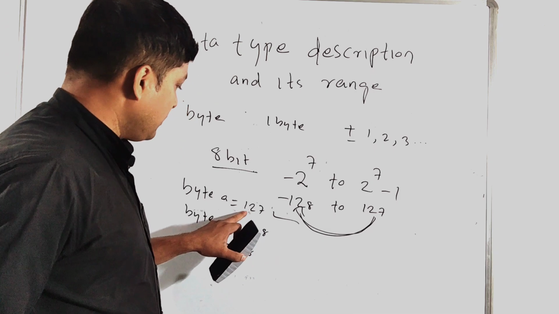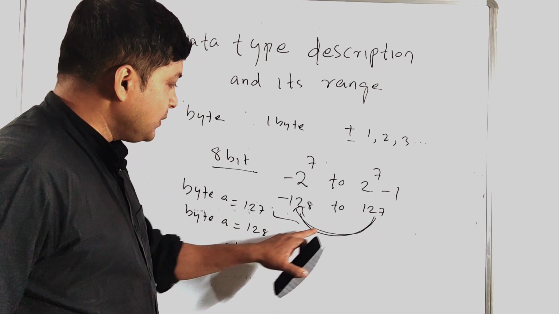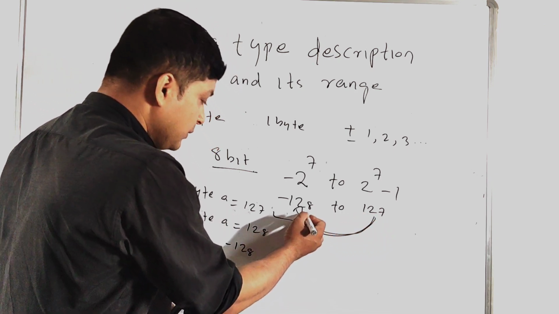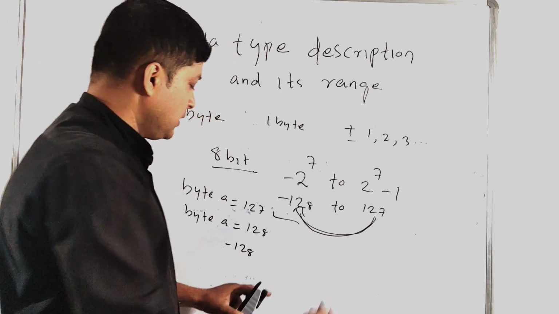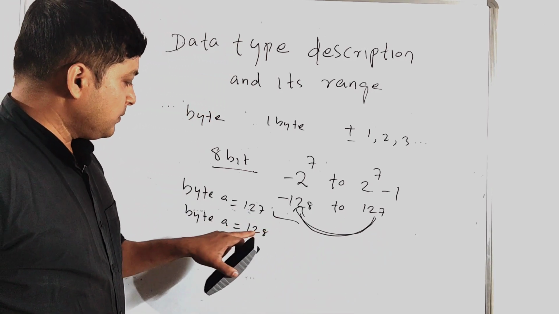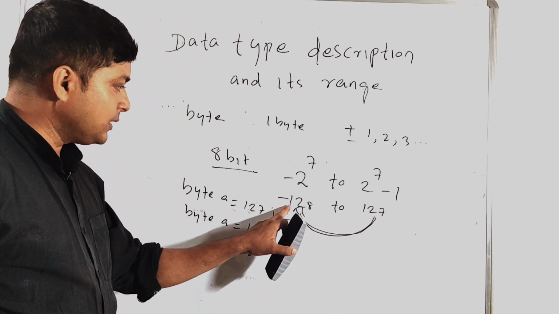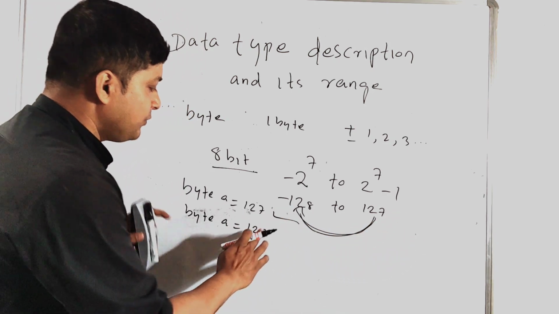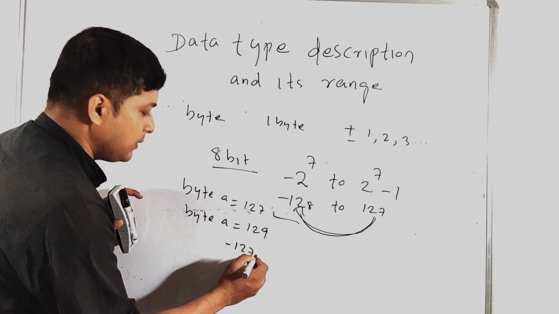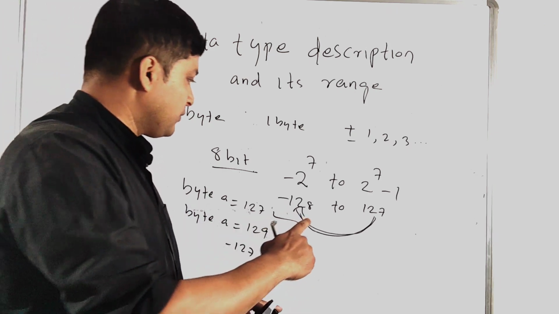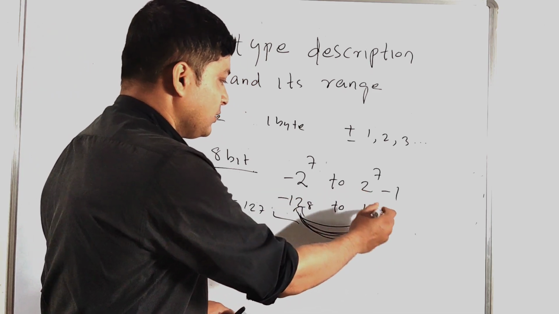If you write 128, the value wraps around because the byte range is from minus 128 to 127. If you take 129, the value becomes minus 127. So the byte range is from minus 128 to 127, and this way the value rotates.